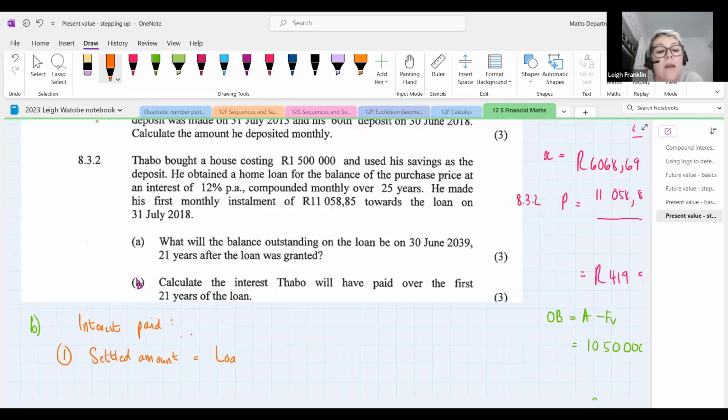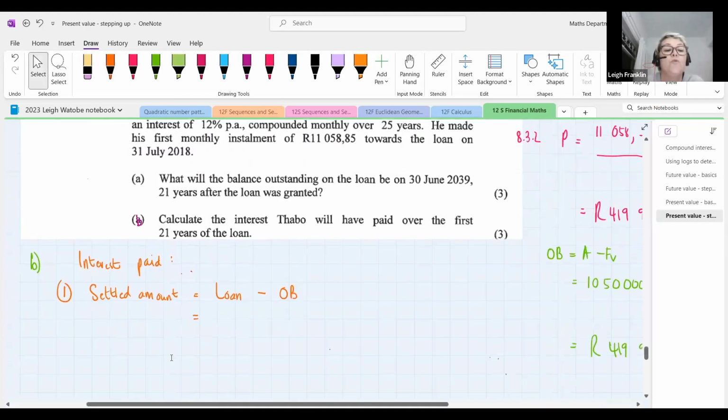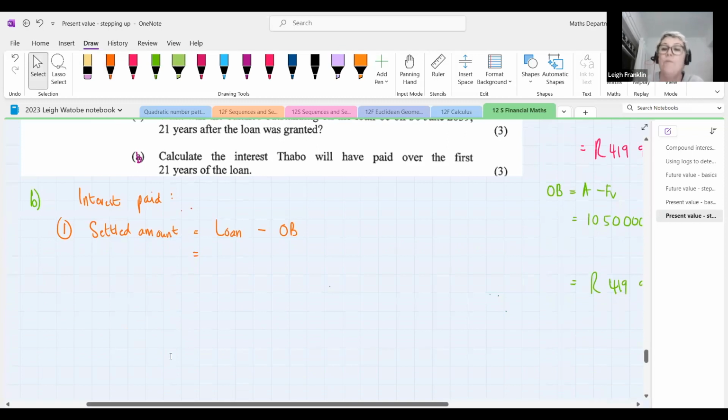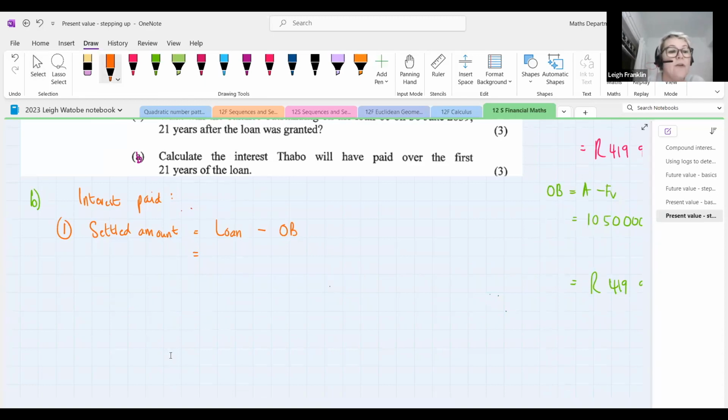You do that by taking the loan and subtracting your outstanding balance. Okay, so the settled amount is how much of the loan is already paid off. Remember, outstanding balance is how much we still owe. All right.